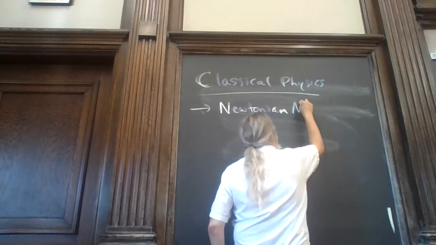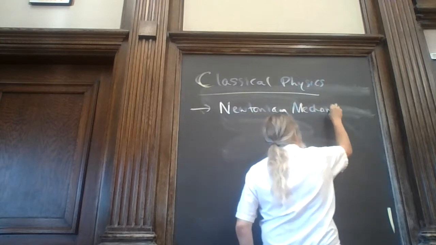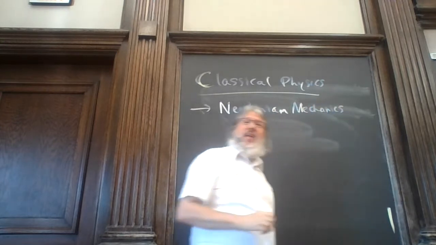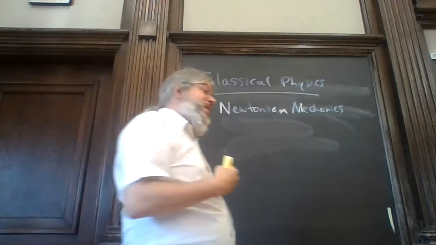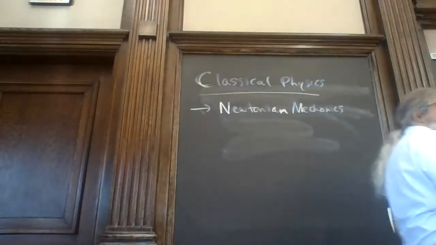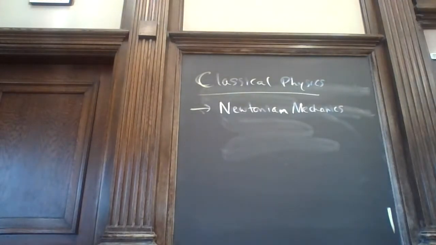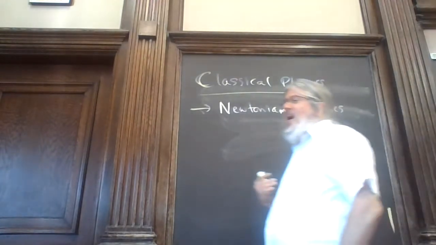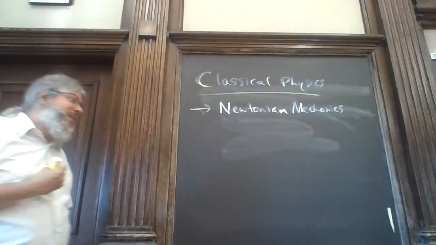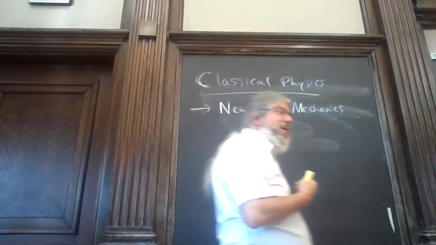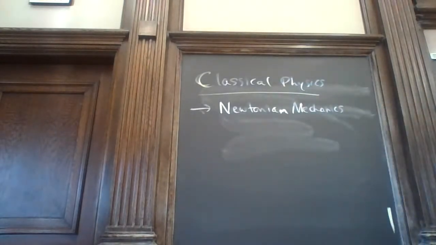So this is the study of the motion of particles and bodies under the influences of forces, and Newton's laws, and of course the mechanics, F equals ma, and all of the language that's associated with that, kinematics.